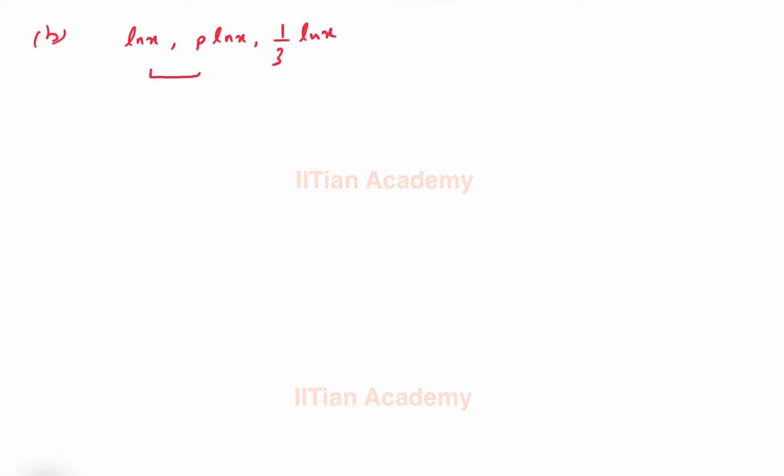Now, in the case of arithmetic progression, there is the common difference. That is, if we subtract the first term from the second term and the second term from the third term, the difference will always be equal. That means p natural log of x minus natural log of x must be equal to 1 by 3 natural log of x minus p natural log of x.